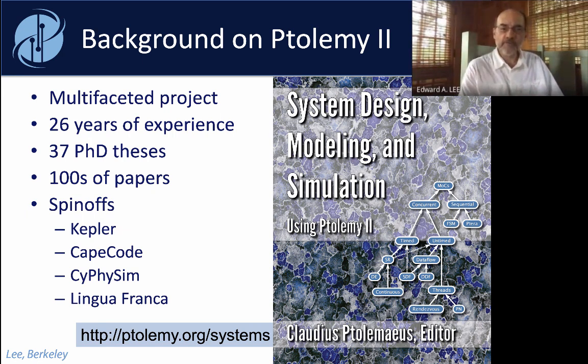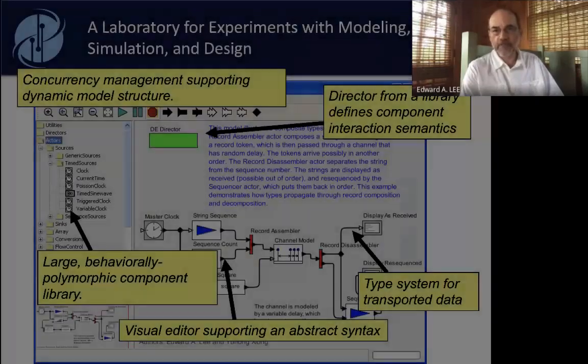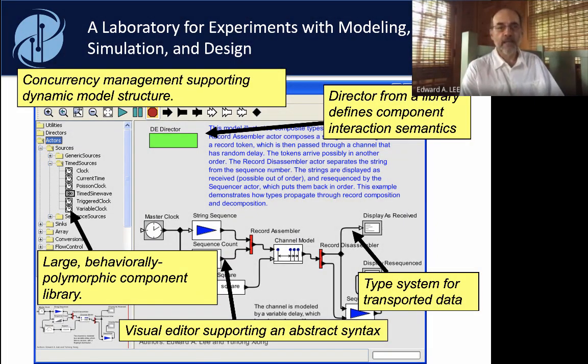So the software itself, Ptolemy II, has a few principles that I'd like to highlight. One is that it does not realize a single way of doing modeling. It's in many ways a laboratory for experimenting with ways of doing modeling. And we've built quite a number of rather different modeling tools within this framework. The way that a Ptolemy model is constructed is that it includes one or more directors, where the director is this little green box.